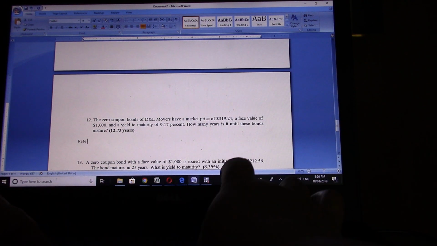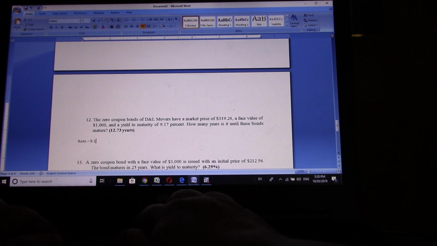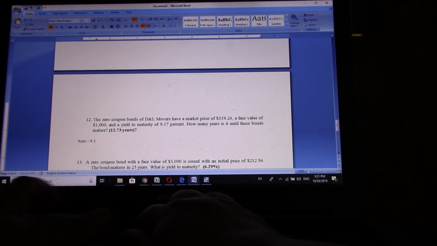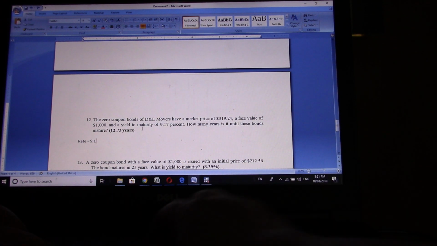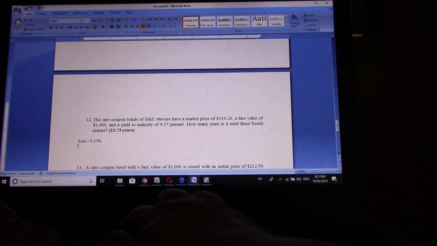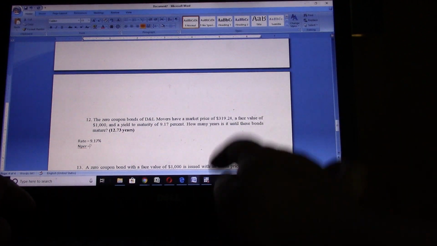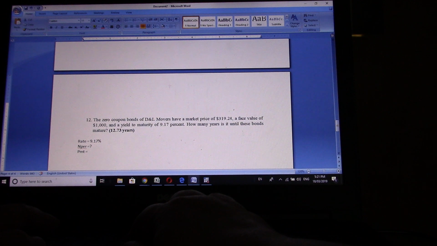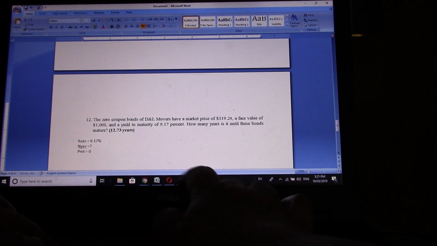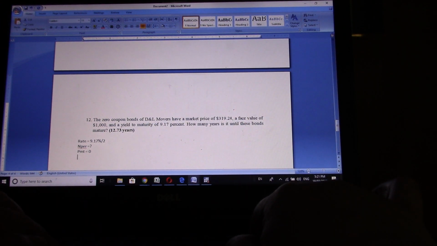The rate in this case is 9.17%. Nper is the question, and the PMT is the coupon, which is 0 coupon. So this is 0. The rate, you should divide it by 2 here.